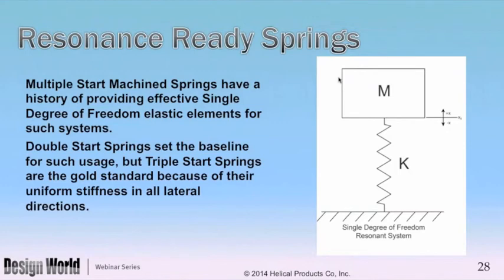And this has become the standard. Double start and triple start springs have become the standard of dynamic systems, because the spring motion can be just a single degree of freedom, and it can be nice and clean. So this is a strong reason to use multiple start machine springs.